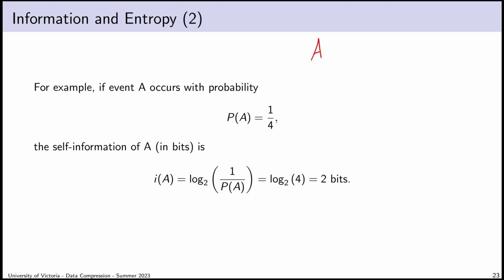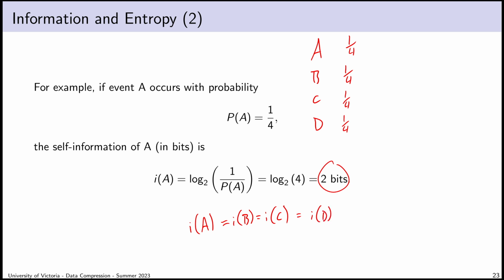Suppose that we have 4 different events, A, B, C, and D. But each event occurs with the same probability. They are all equally likely. So they each occur with probability 1 over 4. And that means that the information content of A is still going to be 2 bits. And it's also going to equal the information content of B and C and D, which is 2 bits.